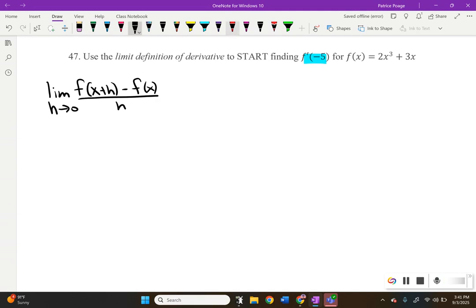Since it says to do this for f prime of negative 5, I'm going to go ahead and plug in x equals negative 5. So I'm going to have the limit as h goes to 0 of f of negative 5 plus h minus f of negative 5 over h.